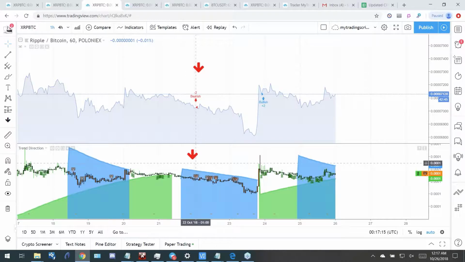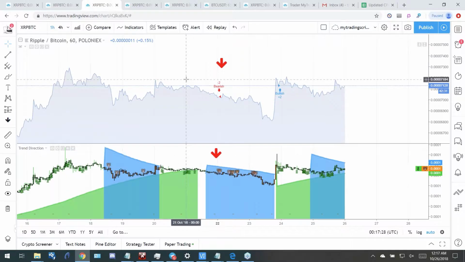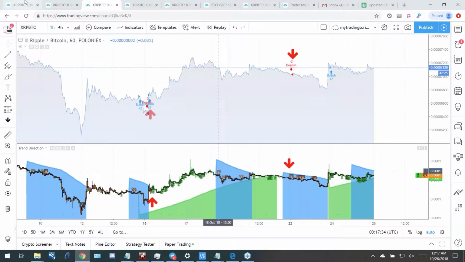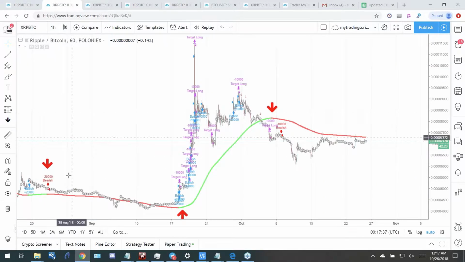So the second part of this product is the trend direction indicator. We have just reviewed the bullish bearish alerts. The next part is the trend direction indicator, and the third part is the oscillator. All of these instruments are in synchronicity.